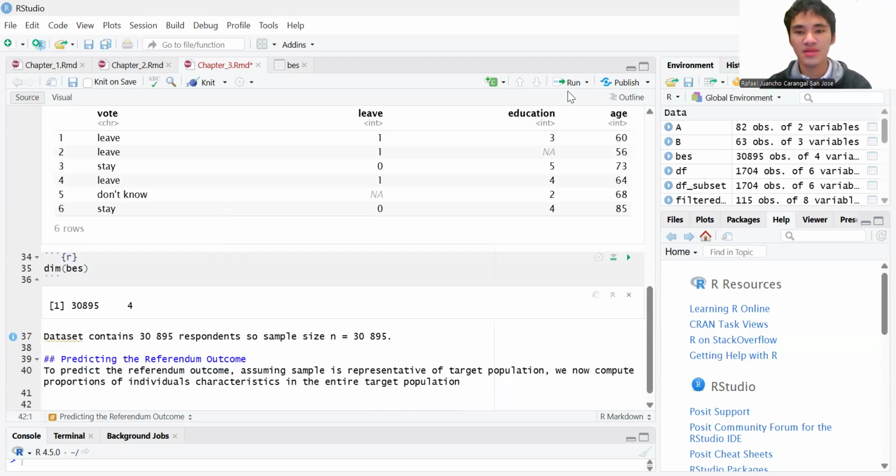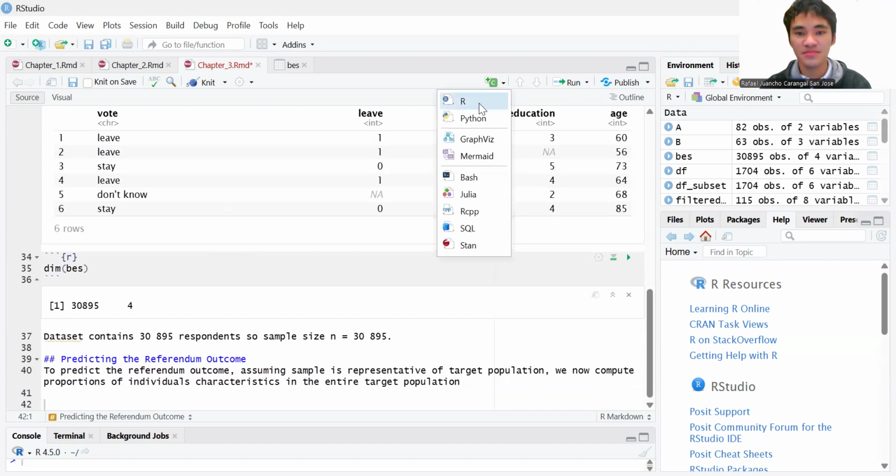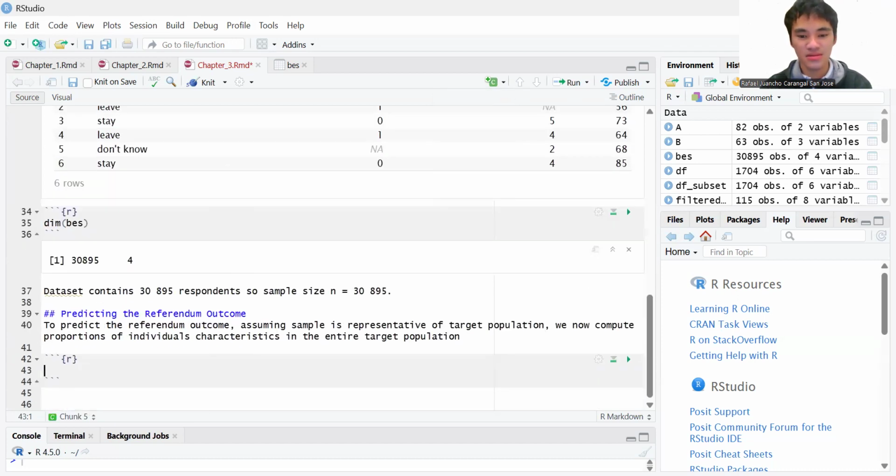Okay, so let's actually do a frequency table here. The way we're gonna do this is we're gonna use a function called table, and the only required argument is the code identifying the variable to be summarized.